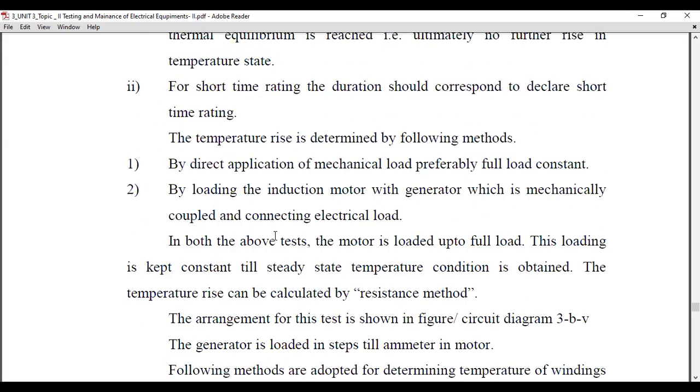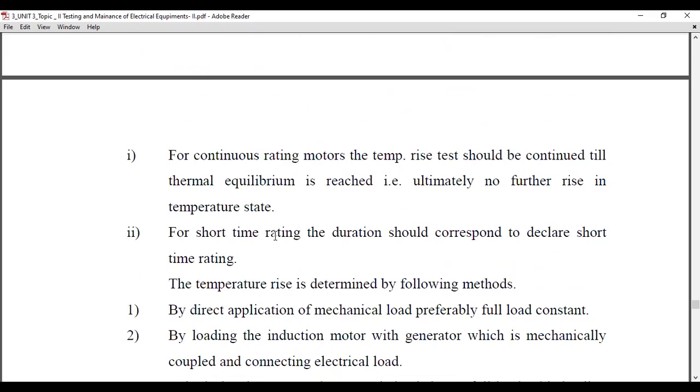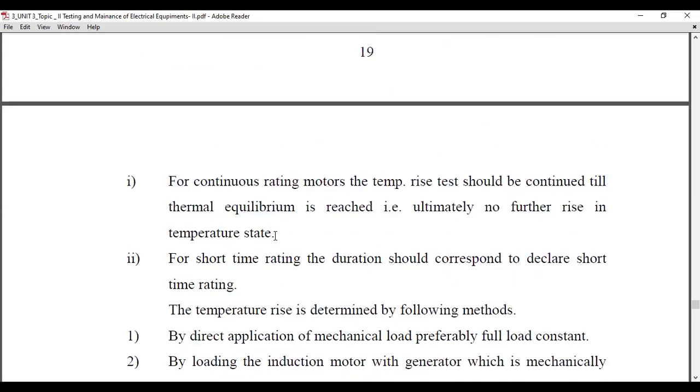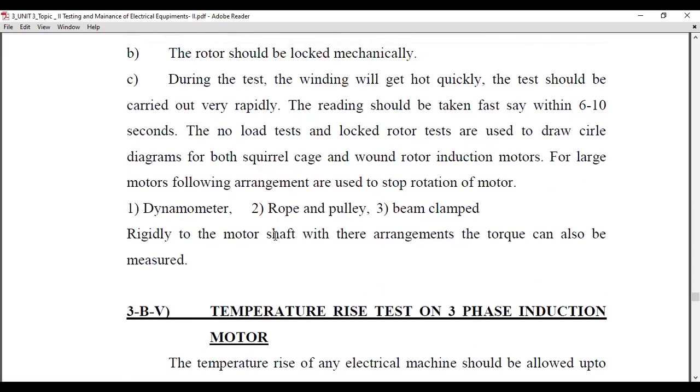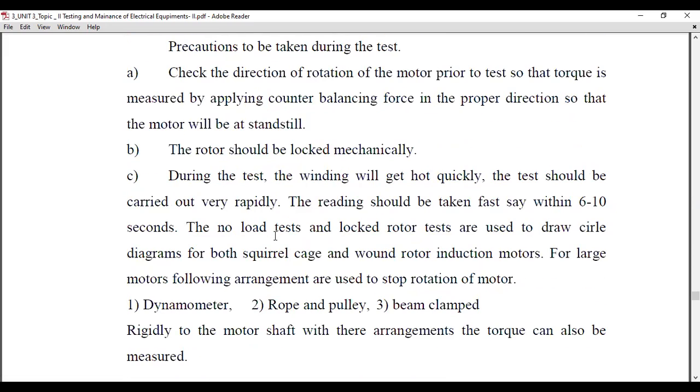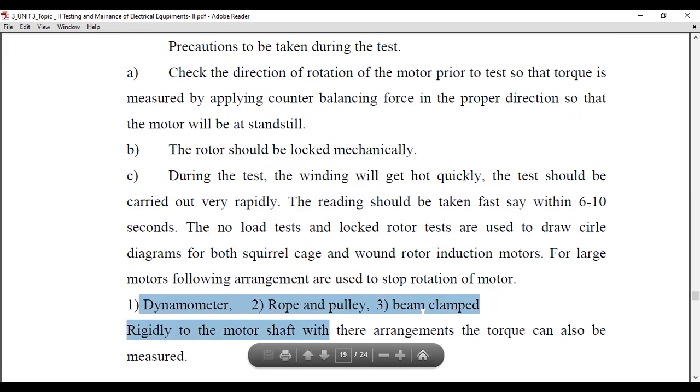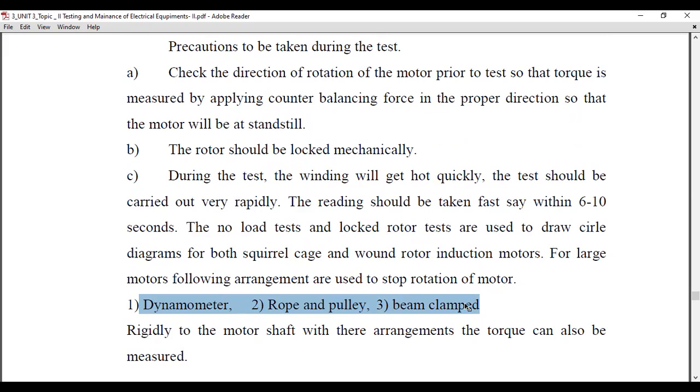We will recall this temperature rise and the method of loss separation test in the next lecture. If any doubts, we still have 2 minutes, you can ask me. Basically, I have told you this point is also very important for large motors. We need to have the arrangement of a dynamometer, rope and pulley and beam clamped.